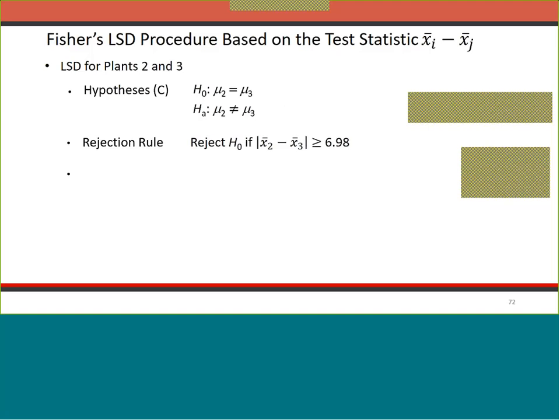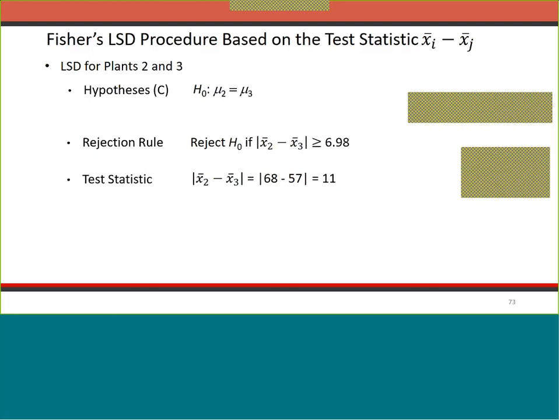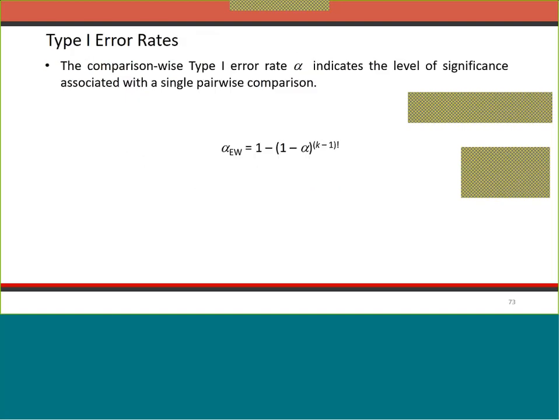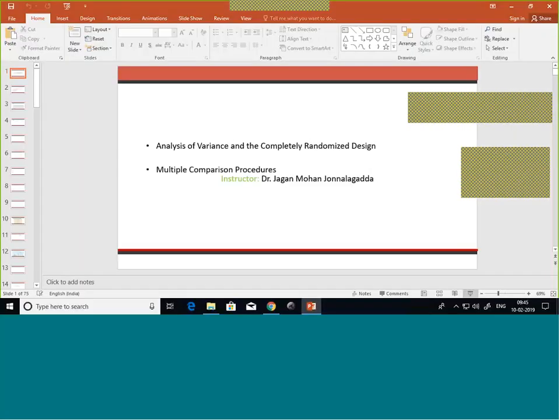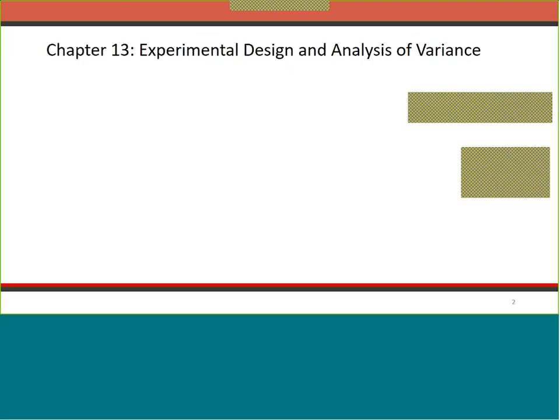Similarly, if you do it for 2 and 3, you get rejection again. So the mean number of hours worked at plant 2 is not equal to the mean number of hours worked at plant 3. So likewise, you can compare a pair of means using these multiple comparison procedures.